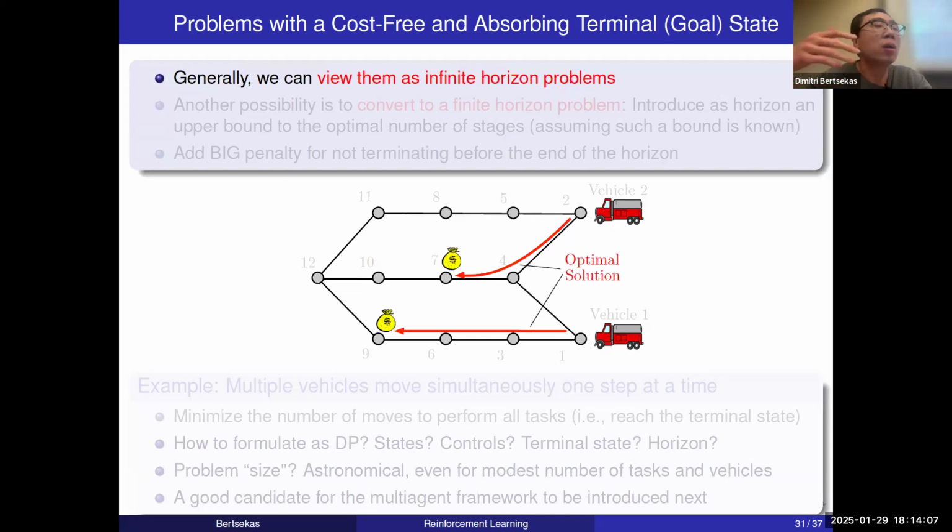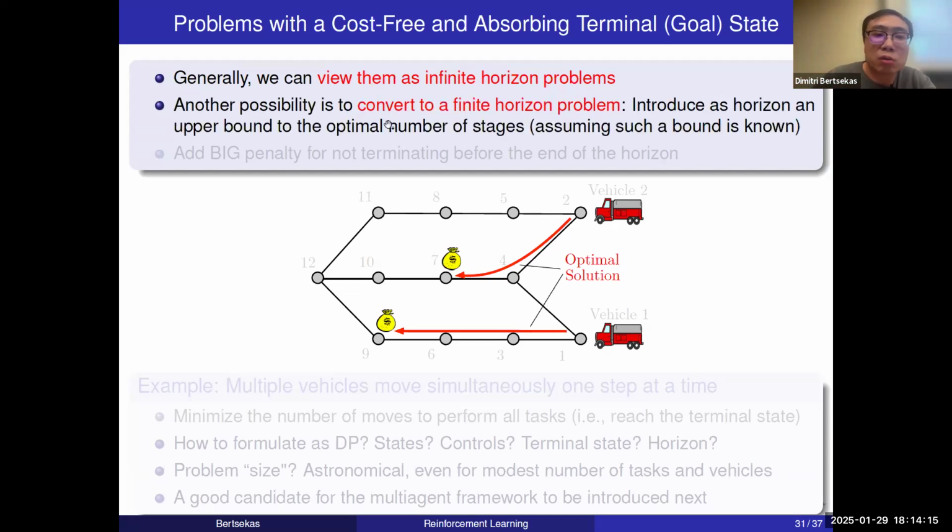We know there's going to be a termination at some point, but we don't know when. On the other hand, it may be possible to convert to a finite horizon problem, introducing as horizon an upper bound to the optimal number of stages, assuming such a bound is known.